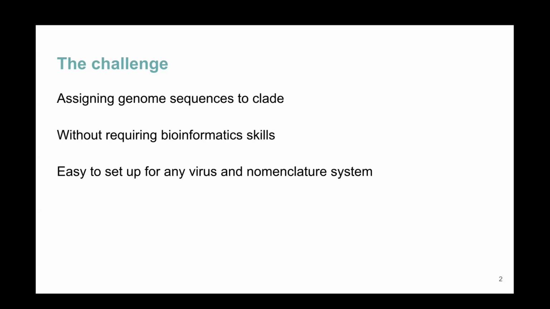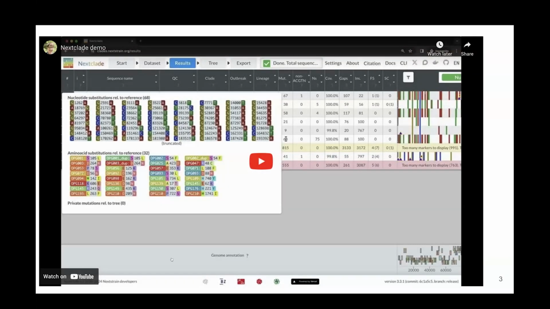Pangolin had to create a Python package to be able to assign new sequences to lineages. That worked well, but it's not really scalable. Moving forward, you want to be able to do that quicker with less maintenance and just use something that's readily available. In a sense, Nextclade tries to solve those issues.